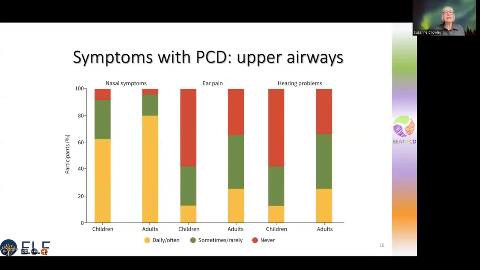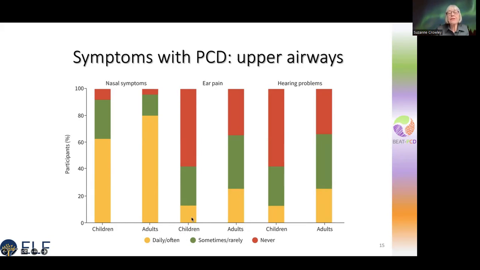And just looking at symptoms with PCD, this looks a bit complicated, but we're just going to look at upper airway symptoms and look at the yellow panels with children and adults and nasal symptoms. So about 2/3 of children have daily nasal symptoms, rising to about 3/4 of adults. If we look at ear pain, it's not so common in children.